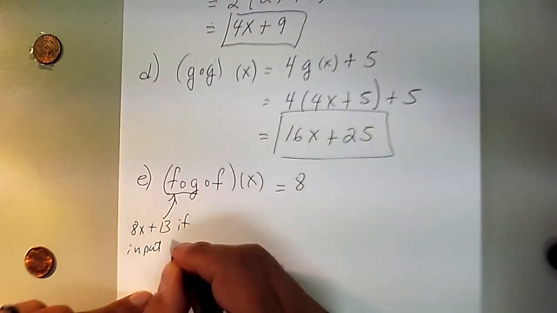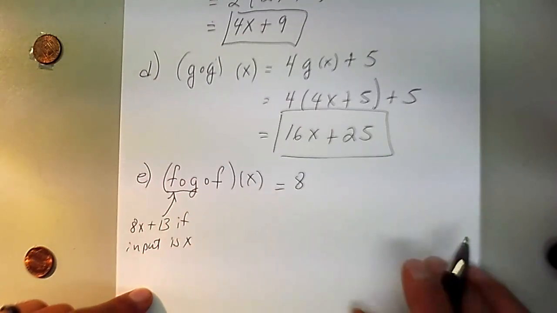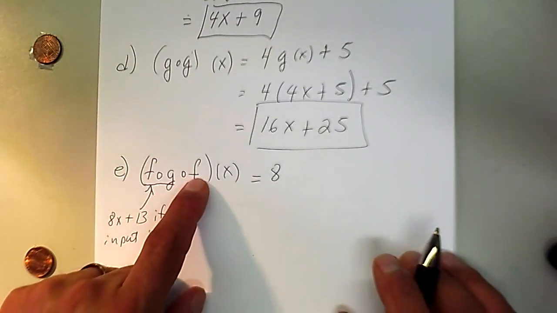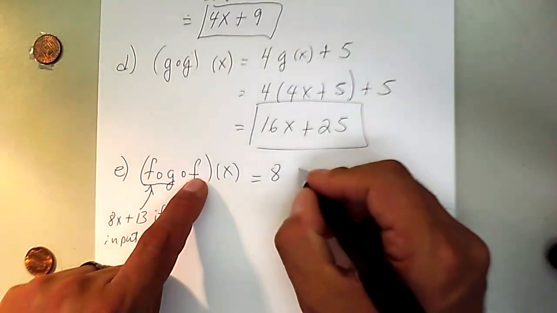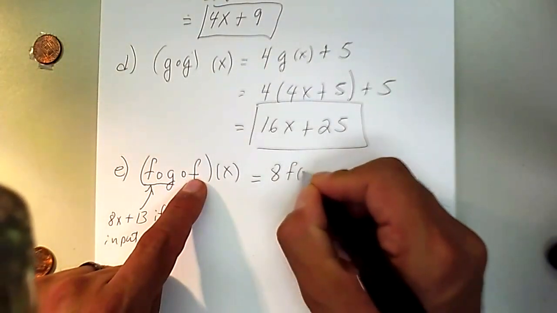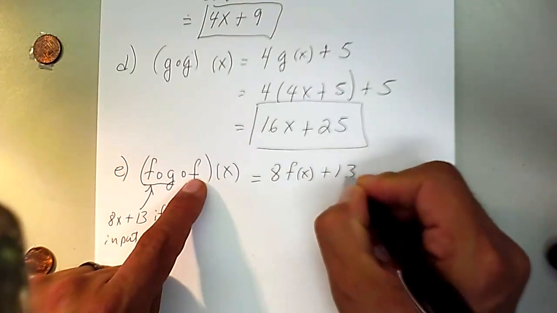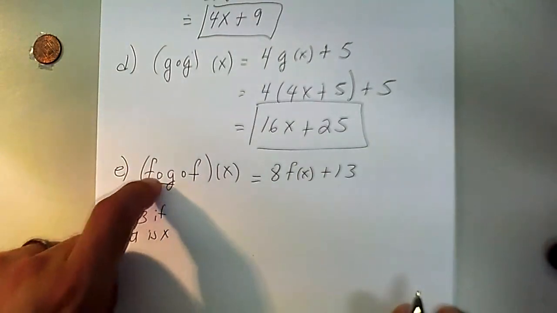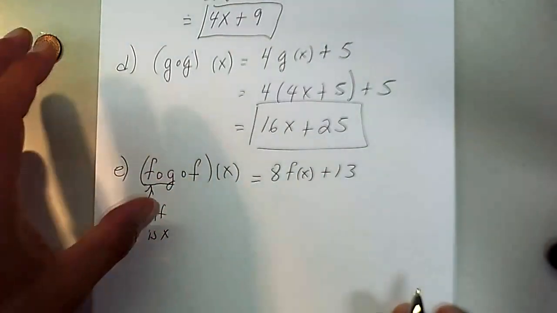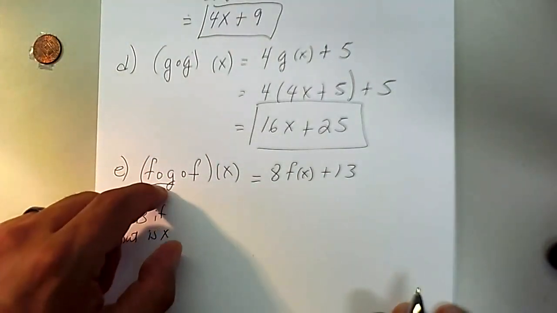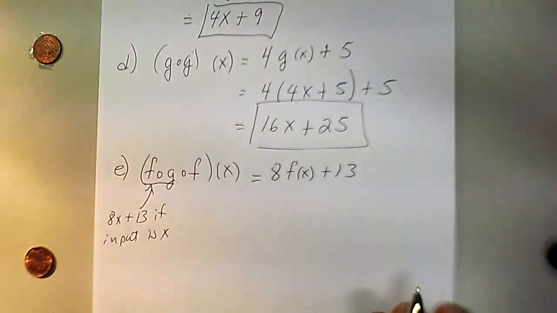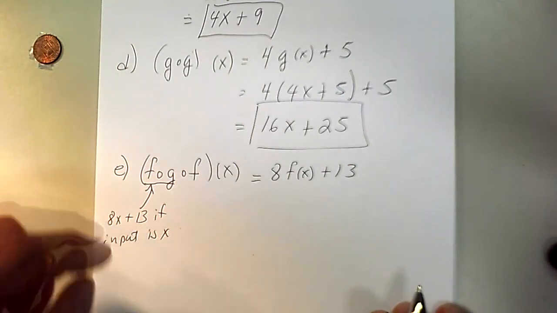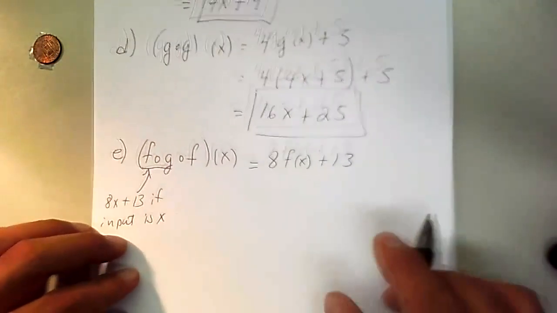That's from part A of this example. But now the input is going to be f. So we're going to do 8f plus 13. Now this is from part A, so we're going to piggyback on part A. If we did not have part A already done for us, then we would have to do part A on the side. All right.